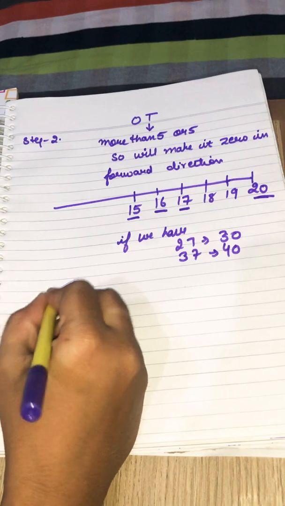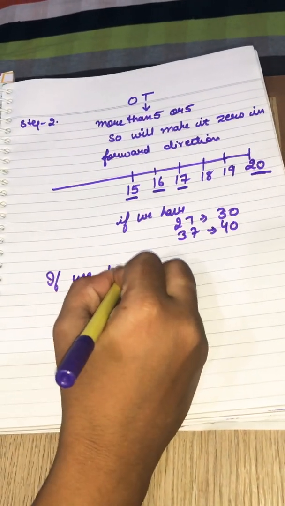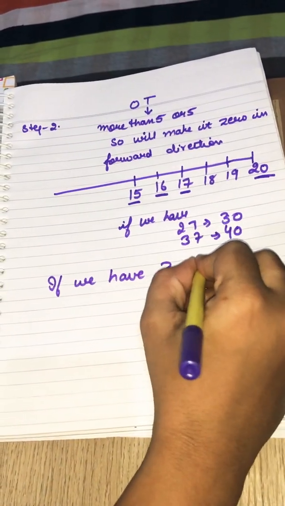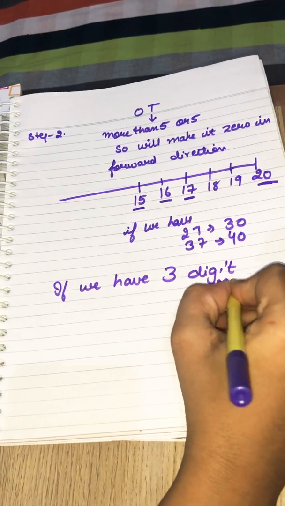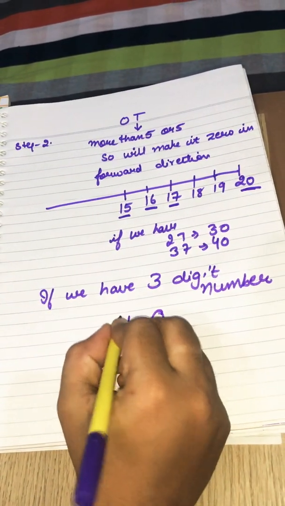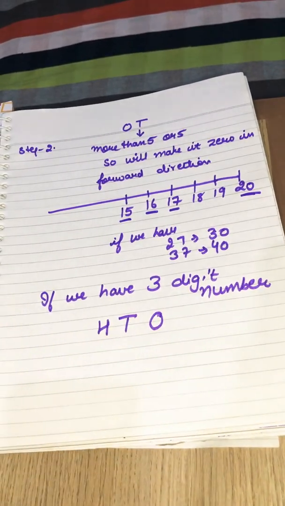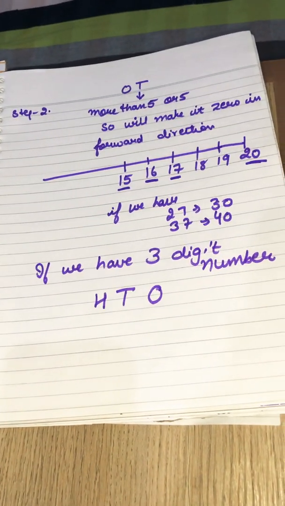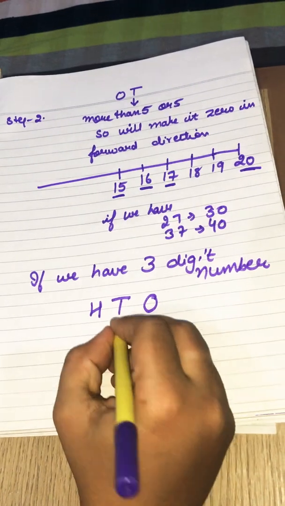But if we have a 3-digit number, in a 3-digit number we have to check ones, tens, 100. In a 3-digit number we have to check the position of the tens number.